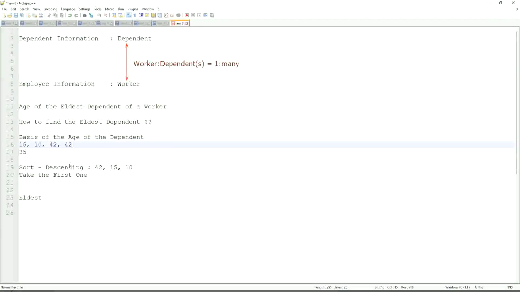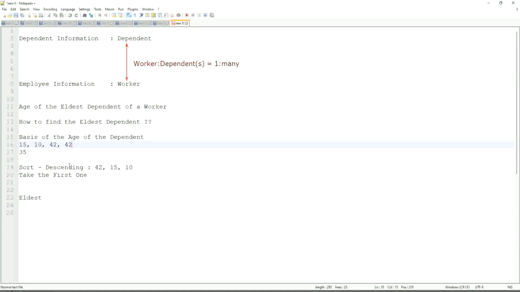Let's say if it is the same age, you are only looking for a spouse, not the child, maybe? Spouse and child most likely are not going to be the same age. Right. But if there are multiple dependents, maybe you give a higher priority to the spouse. So in that case you have to think of another factor to act as a tiebreaker.